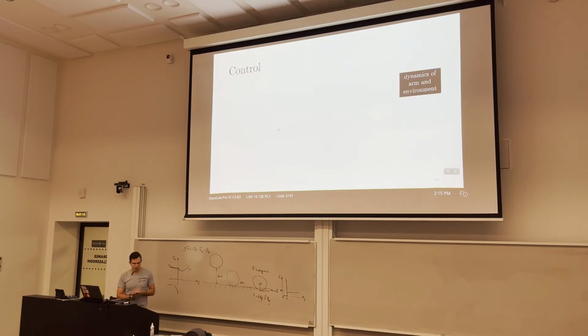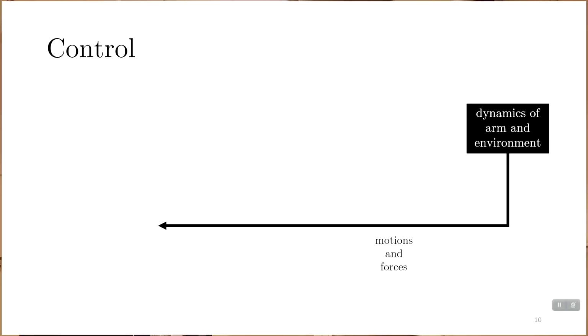When we talk about robotics, we need to consider that there is always a robot, right? It's a bunch of mechanisms, of links and joints that attach together, and we can measure the motion and forces using sensors.